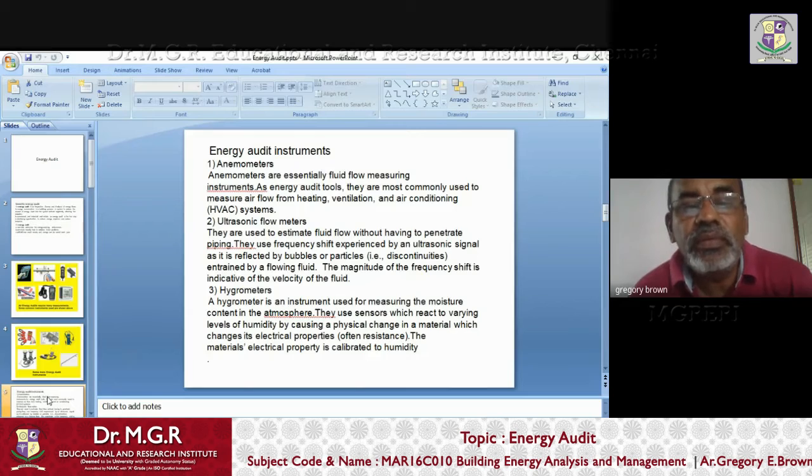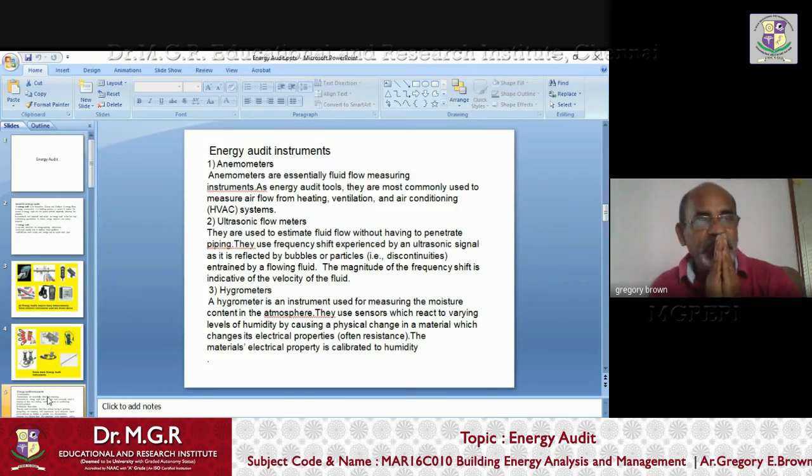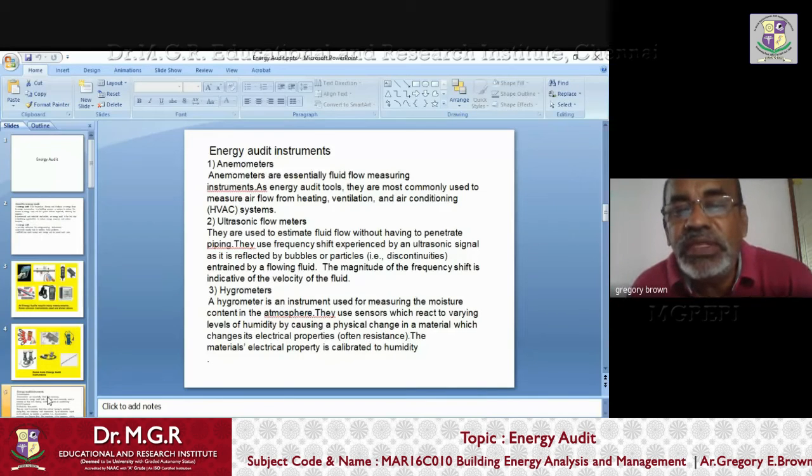So we have another known as the hygrometer. So this is for measuring moisture content in the atmosphere. So you want to know what's the humidity. You use a hygrometer. They use sensors which react to varying levels of humidity by causing a physical change in a material which changes its electrical properties.